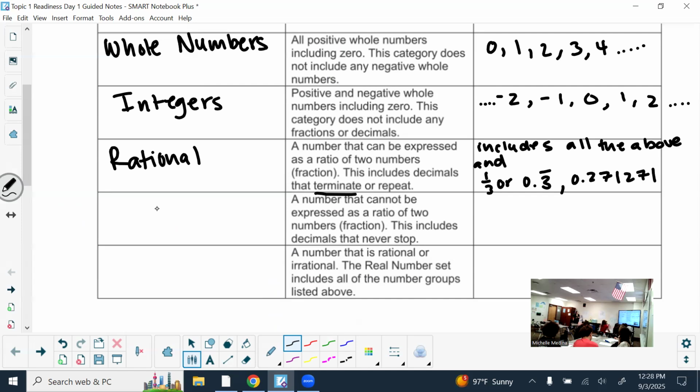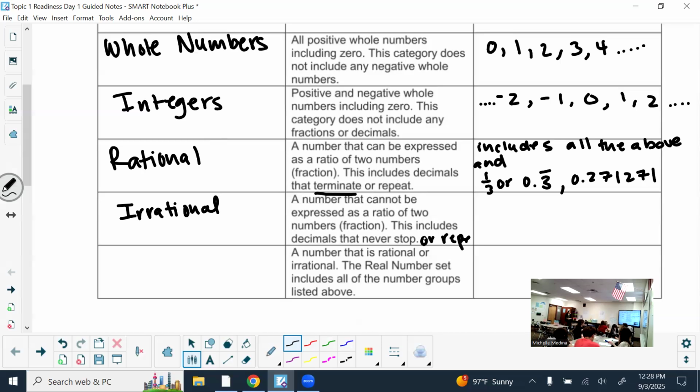Okay. Now we're going to talk about irrational numbers, which is a number that cannot be expressed as a ratio of two numbers, so no fractions, but it's decimals that never stop or repeat. So let's add that in there. They never stop or repeat.